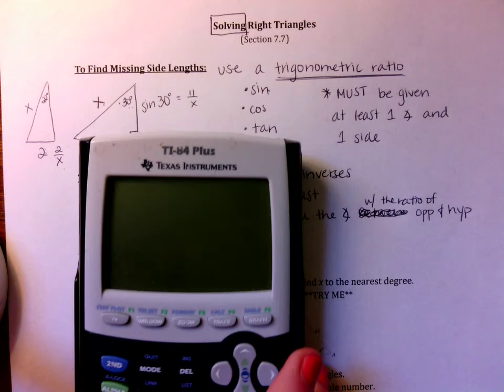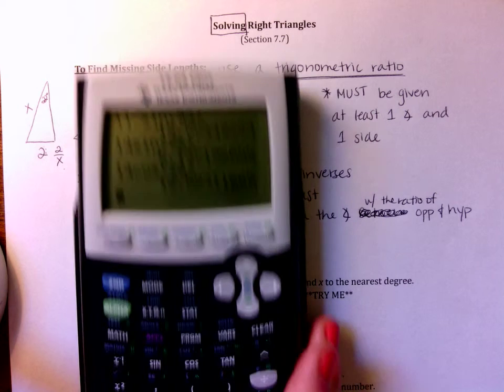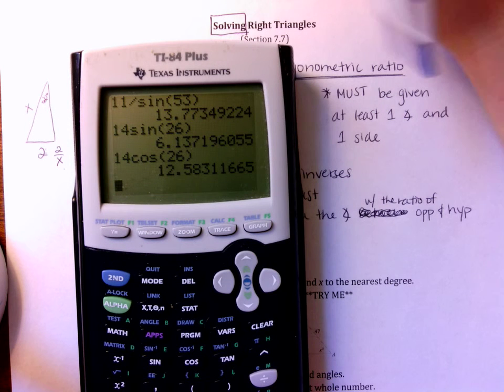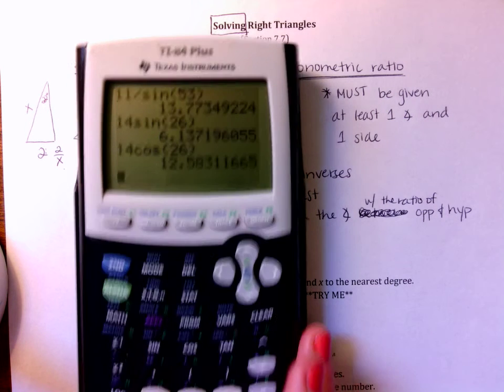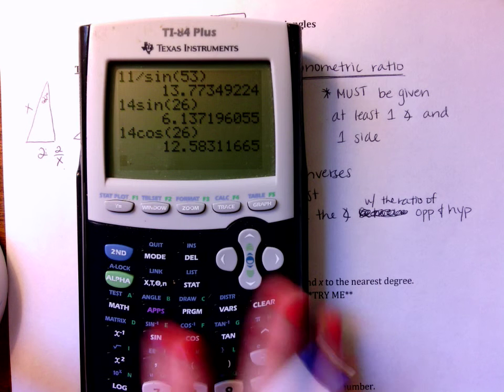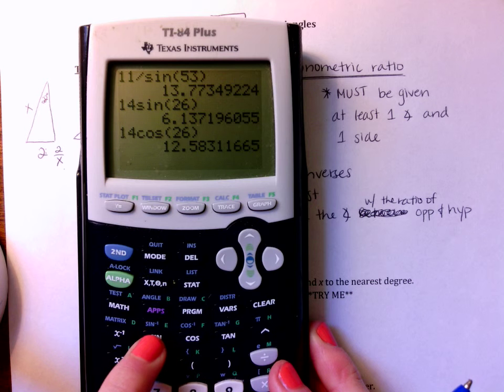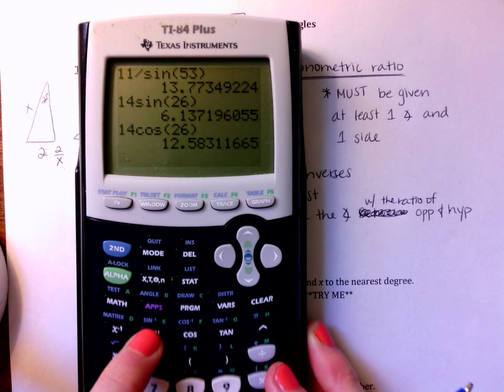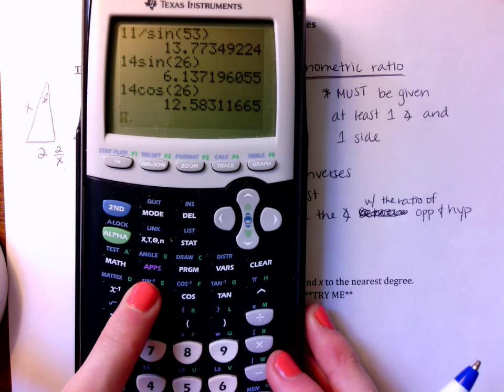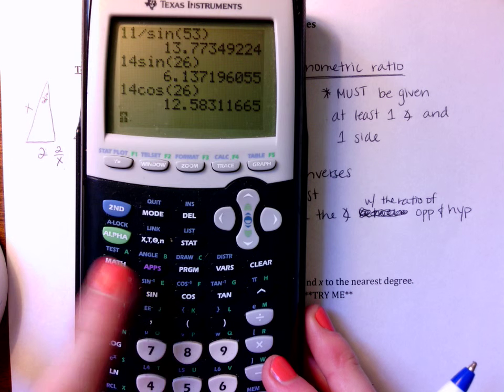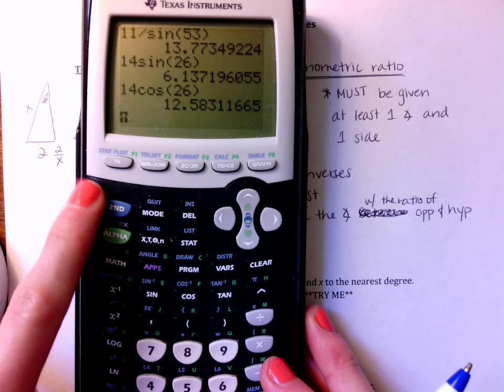Let's see. Turn it on. So here, if I want to find my angle measure, I'm going to say second sine, and that just changes it to this blue up here. Every button, because you don't have enough buttons on your calculator, has more than one function, but you have to be able to change the function.